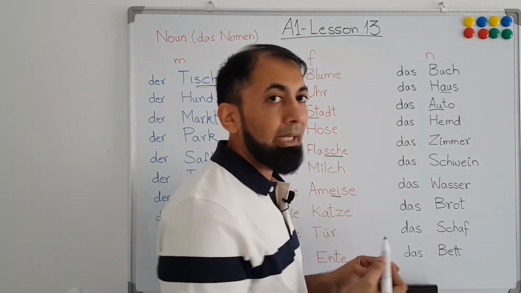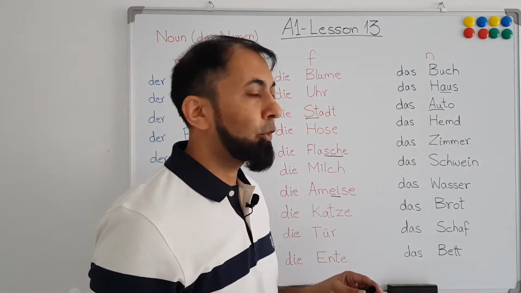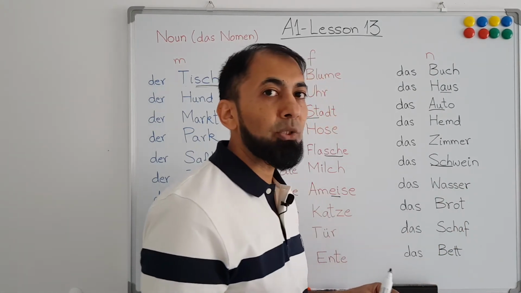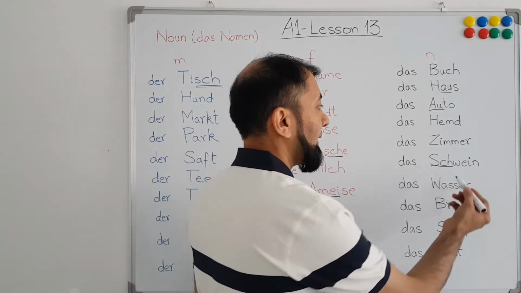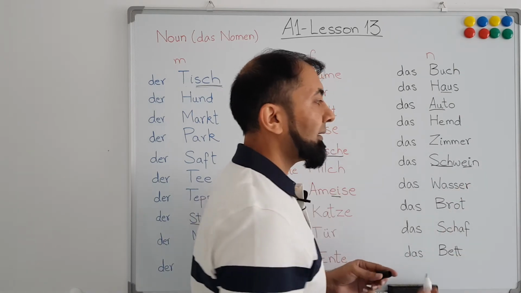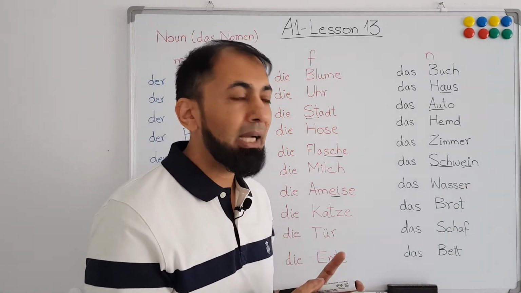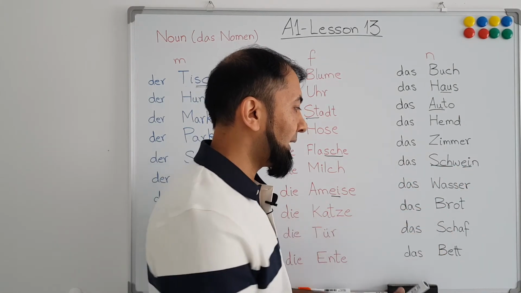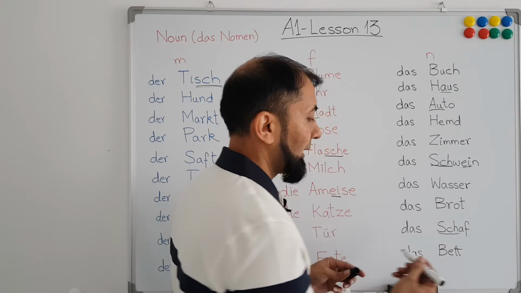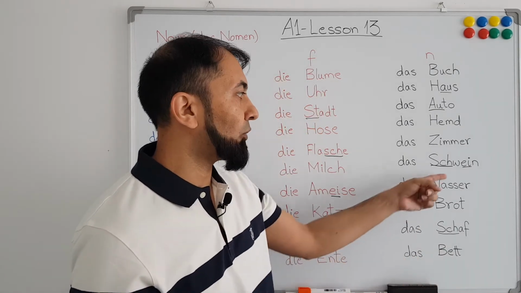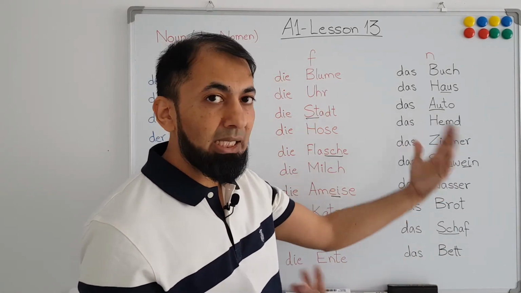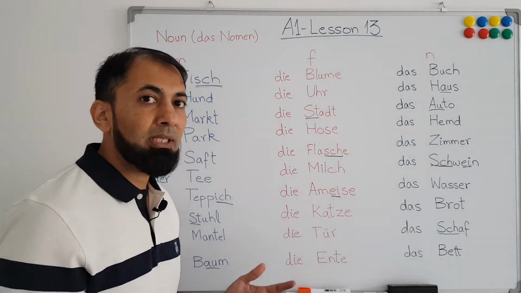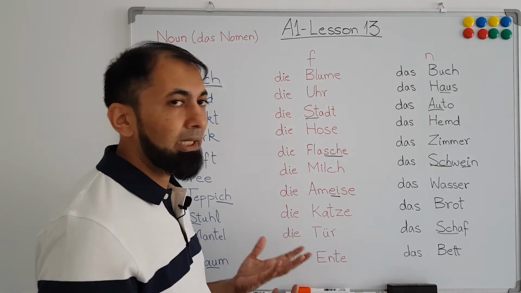A, U again coming together will produce a sound ow. SCH coming together will produce a sound like sh, and AE will produce a sound like eye, Schwein. Schaf again, SCH, sh. So you'll see that if you know these combinations, it becomes very easy for you to understand and pronounce the complete word or complete noun.